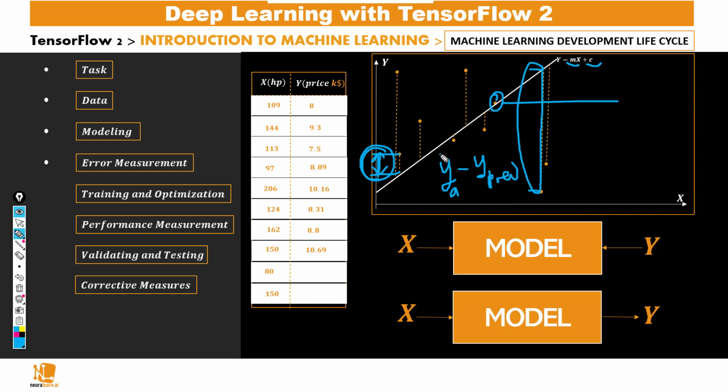What we could do is subtract these two and then square the result. You see clearly that if Y actual and Y predicted are the same, then YA minus Y pred is 0, and it means we give the model a 0 sanction for that particular prediction, like in this case right here.